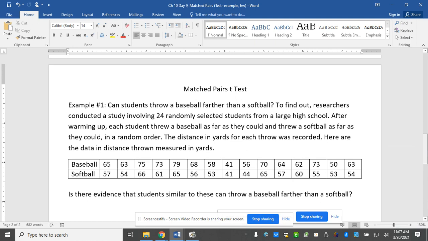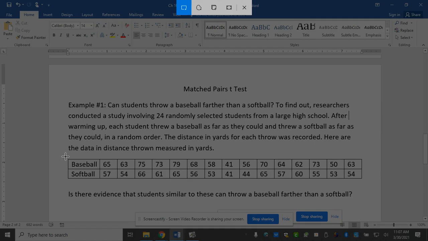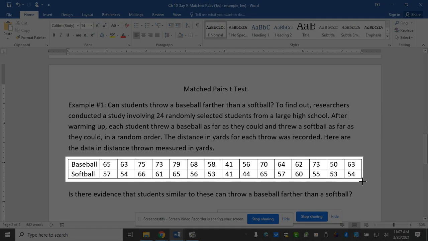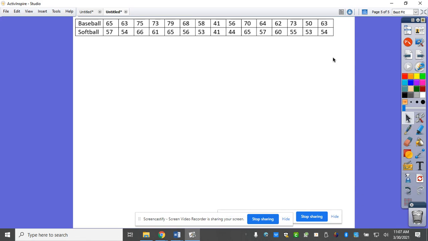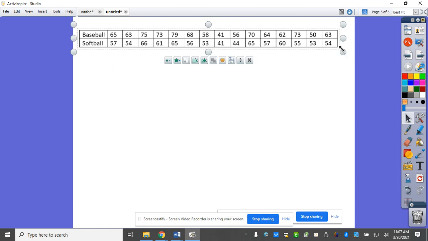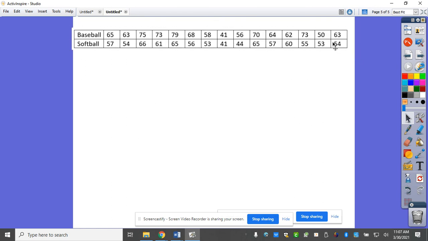So this one I have set up specifically to make it look like it is not a matched pairs. So I made this one as non-obvious as, like, worst case scenario here. There is nothing in that chart that tells me that they are paired and that there is a reason to pair them together.